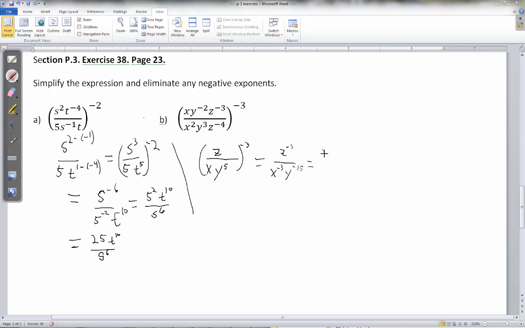Our final step would then be x to the 3rd, y to the 15th, all of that over z to the 3rd.